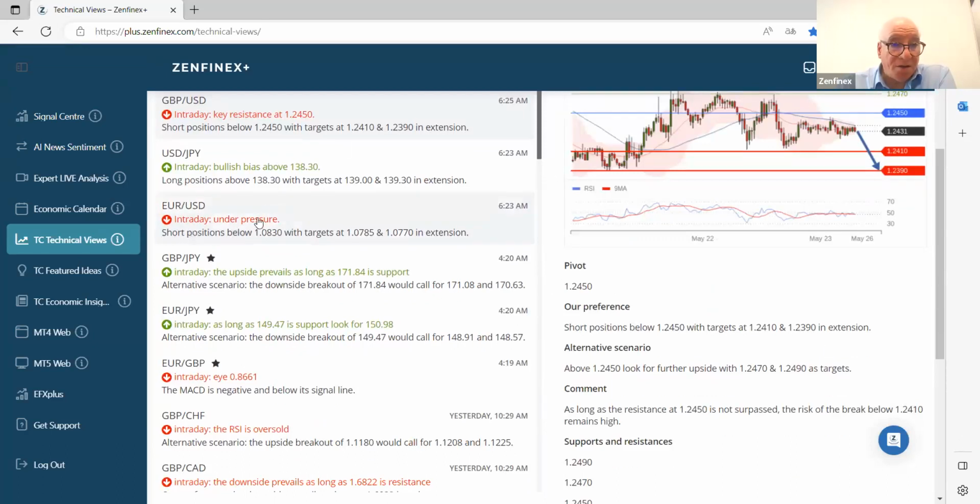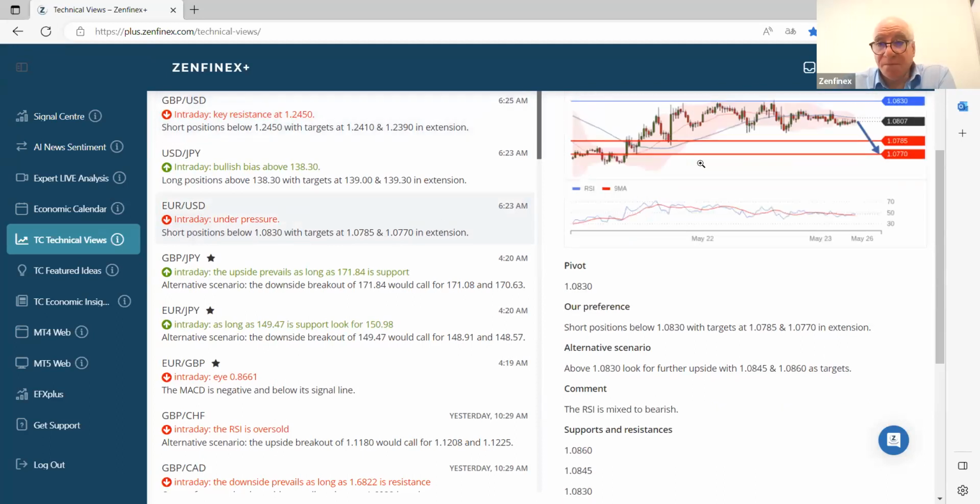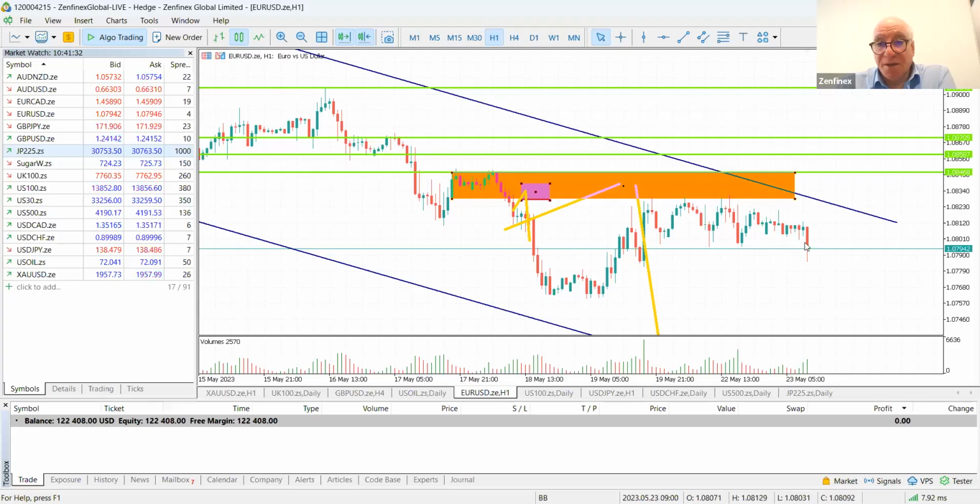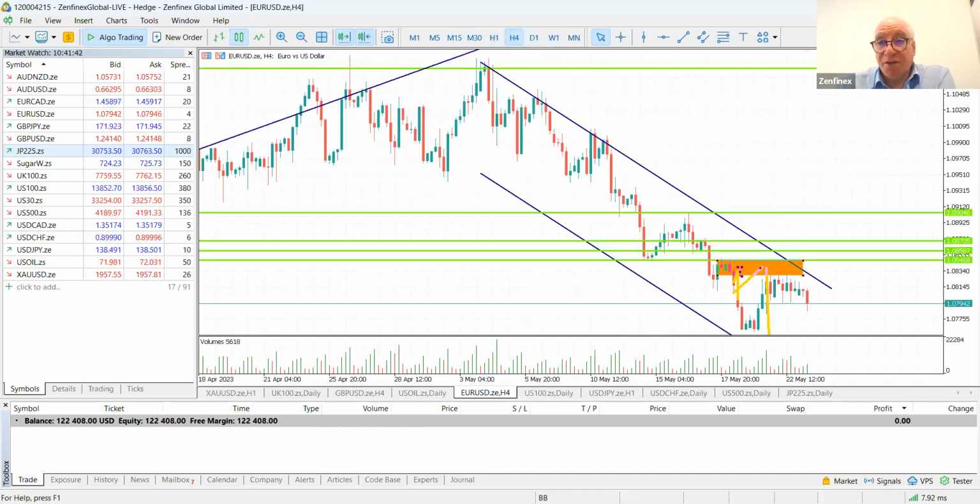And let's see, the euro dollar is also looking under pressure. Let's see what we were coming up with. We were seeing the same thing, although we didn't go in depth on the euro dollar. But this was our trade weakness. If I go to a higher time frame, we have a downward channel.